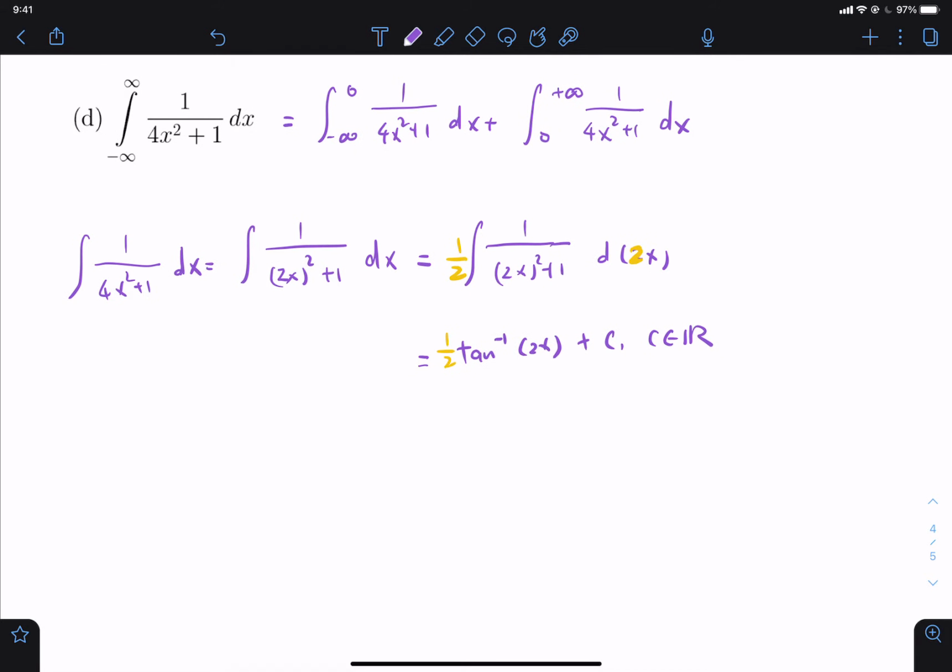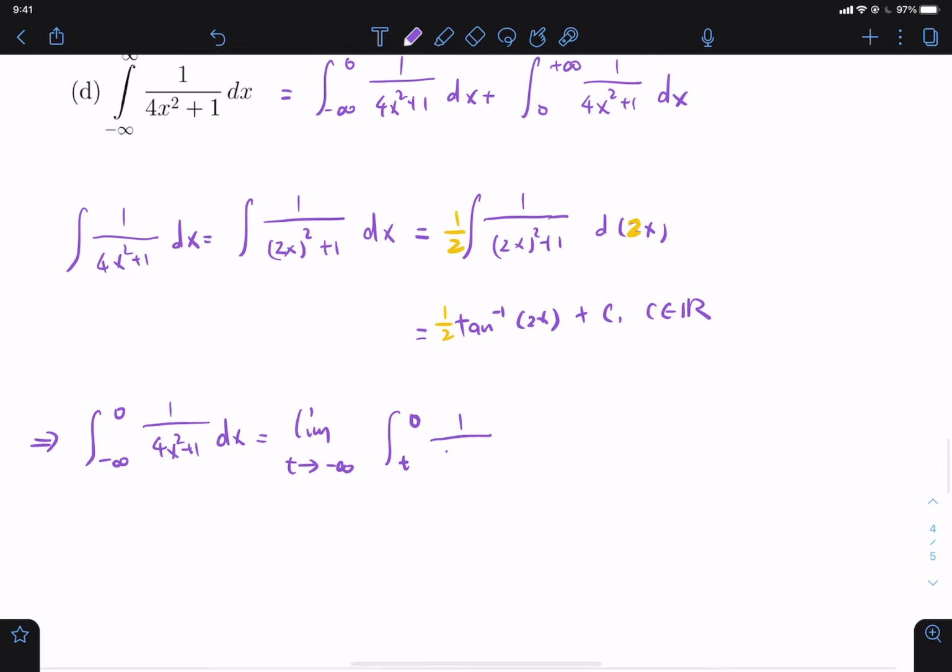And after having this, now I can write the first integral, from negative infinity to 0, into the limit notation: limit as t goes to negative infinity of the integral from t to 0 of 1 over (2x) squared plus 1 dx.